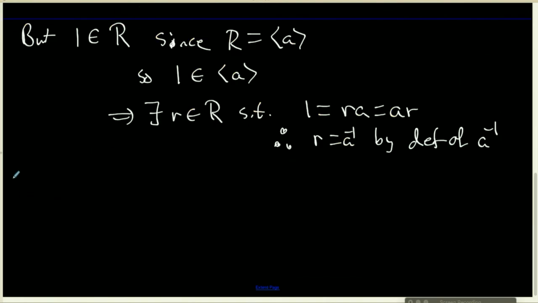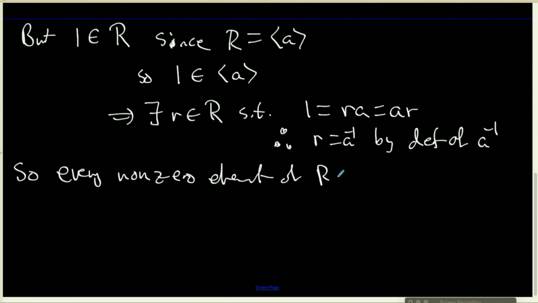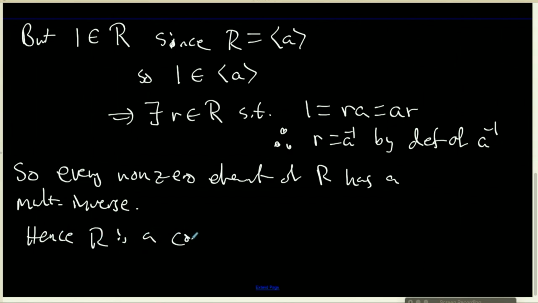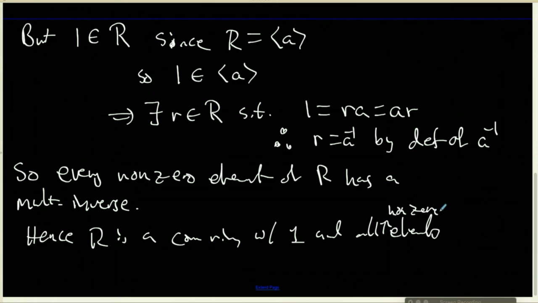And what we now have is every non-zero element of the ring R has a multiplicative inverse, and that means that we know that R is a commutative ring with 1, and all non-zero elements have a multiplicative inverse, and we know that the 1 is not equal to 0.